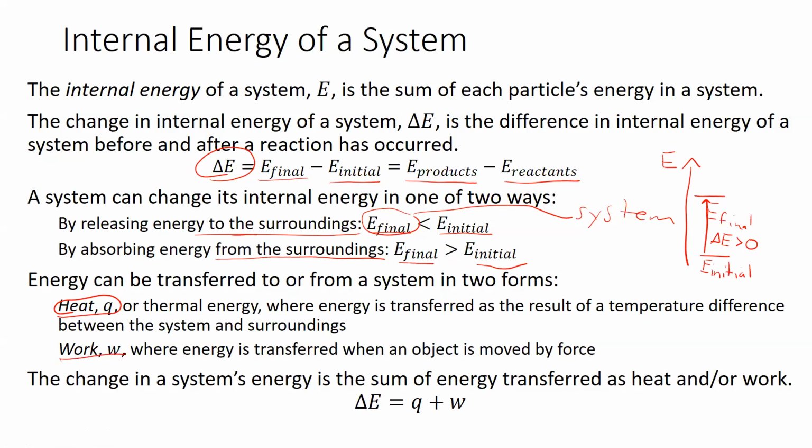If, for example, a gas expands, it does work on the surroundings, pushing the surroundings with some amount of force. And so, being that the energy change is related to both the heat and the work, we can say that the internal energy change of a system is going to be equal to the sum of the heat plus the work. In both cases, heat and work are ways in which that energy is transferred.